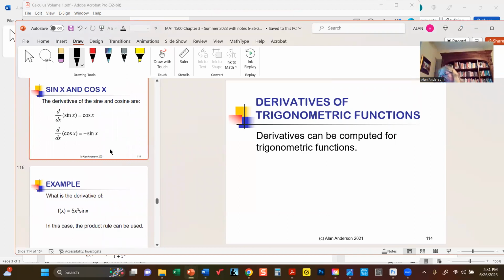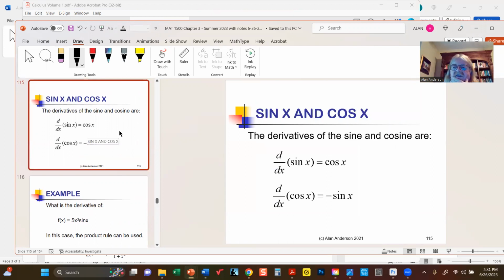The chain rule comes last because it's the most complicated. So for now, we want to focus our attention on the relatively straightforward trig functions, the sine and the cosine. So once again, you might want to memorize these. The derivative of the sine is the cosine. The derivative of the cosine, though, is the negative of the sine. You'd think they would both be positive, but you'd be wrong.